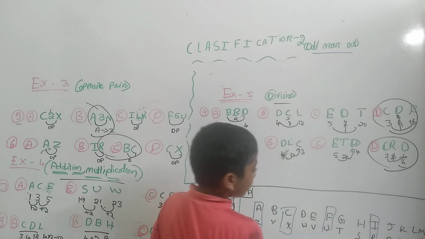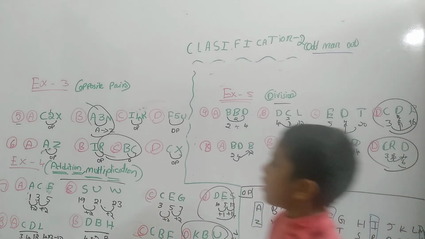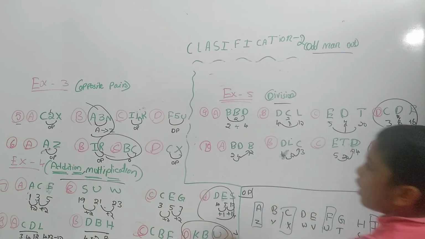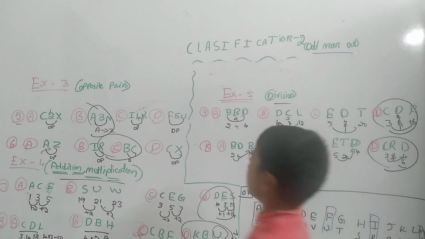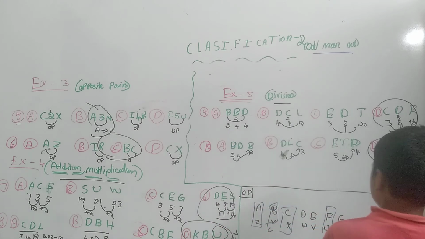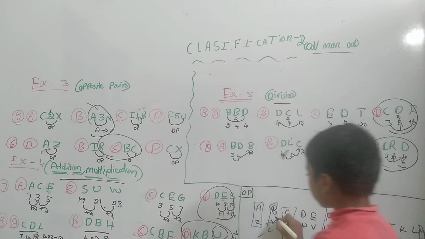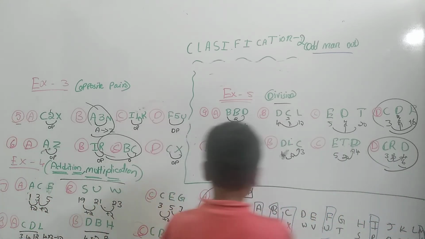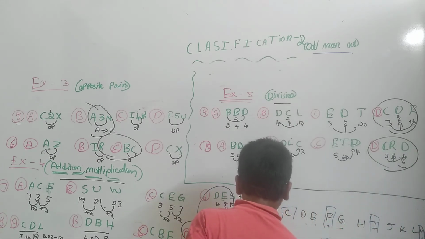But here I have N coming in MN, this AZ is correct, IR is correct, and BC is not. CX is okay, but because they have BC, this is the opposite pair. Plus or minus 13 is the start, friends.